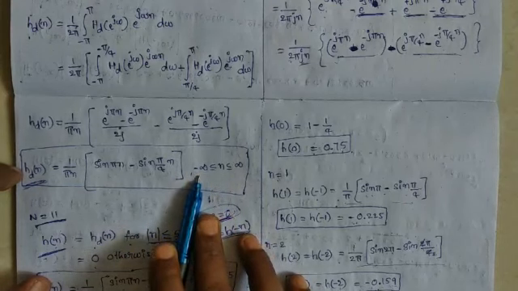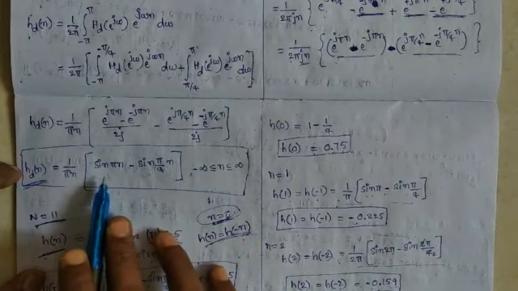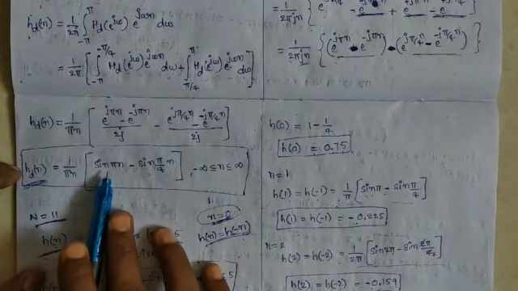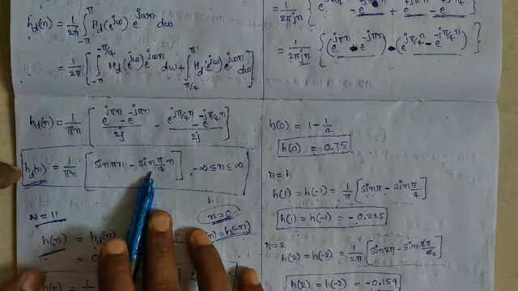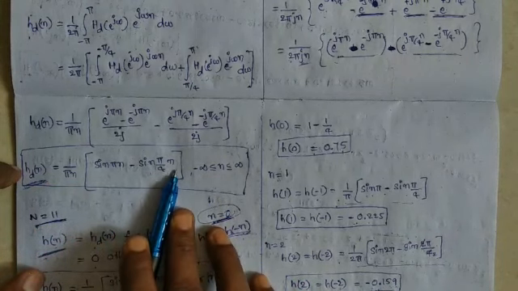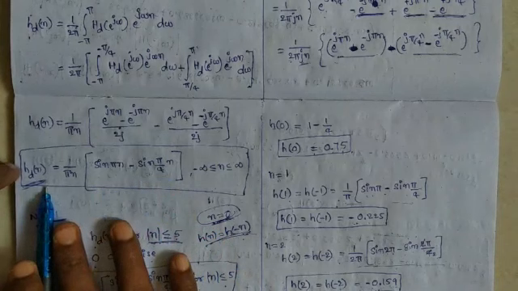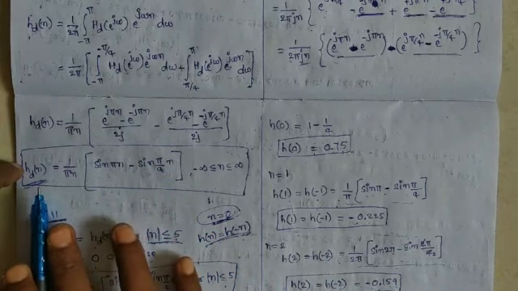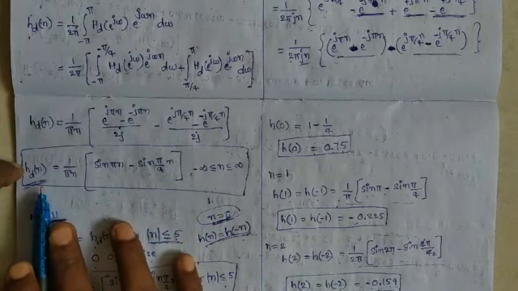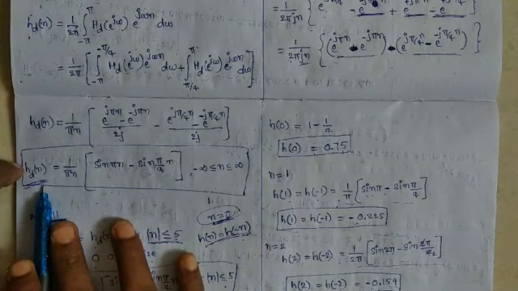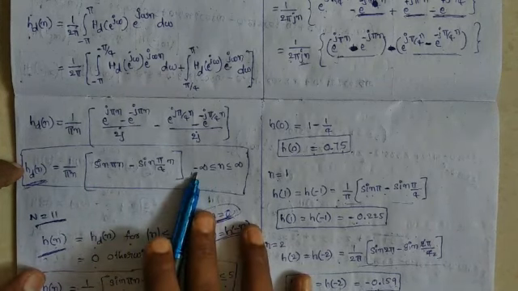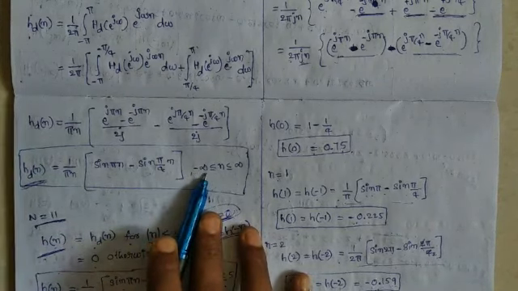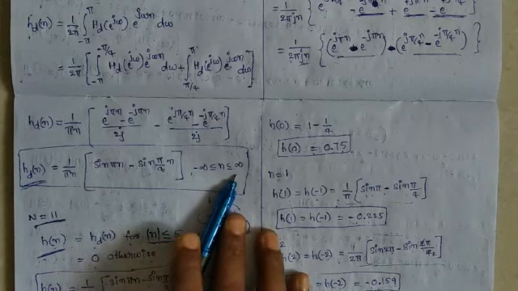Hence hd of n is equal to 1 by pi n of (sin pi n minus sin pi by 4 n). This hd of n is an infinite duration sequence, defined from minus infinity to infinity.